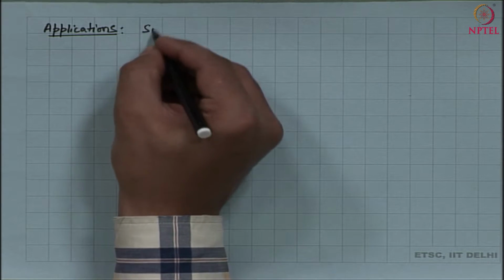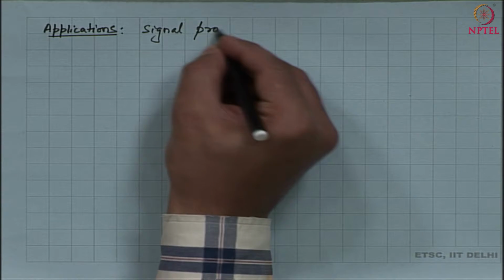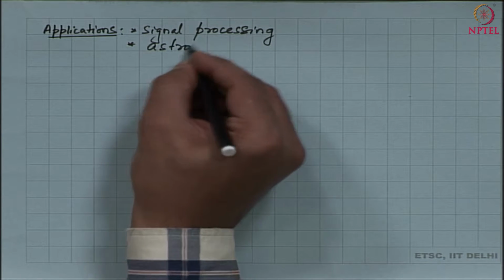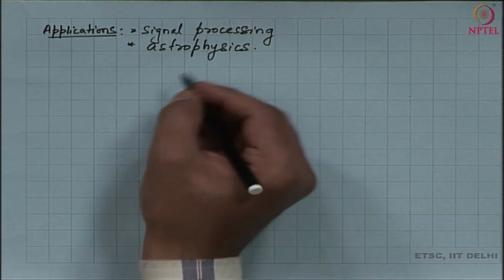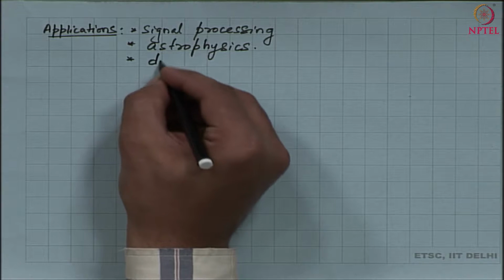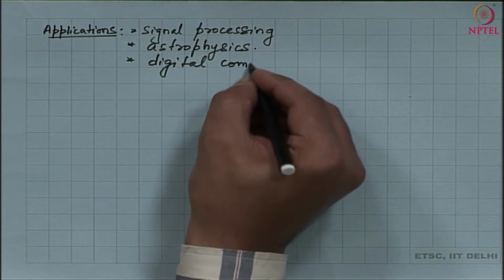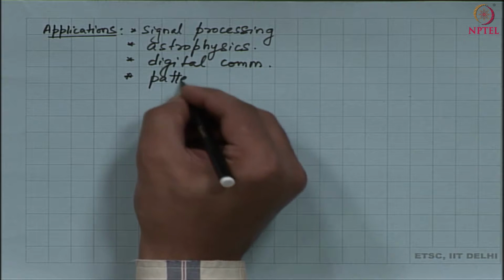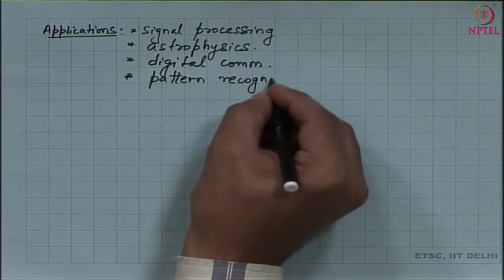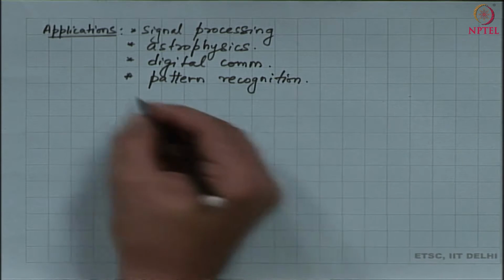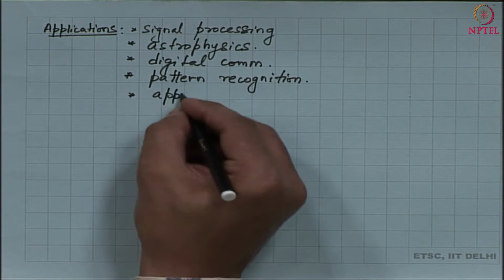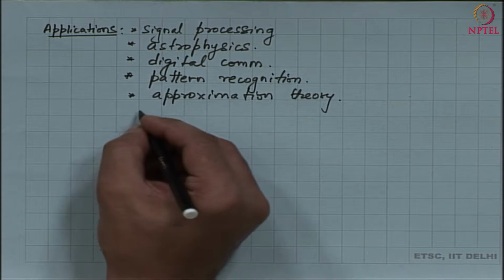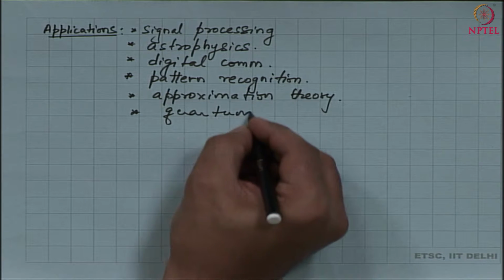The applications of wavelets are manifold, starting from signal processing to astrophysics, to digital communications, to let us say image processing or pattern recognition, even in approximation theory, in quantum mechanics, in optics.